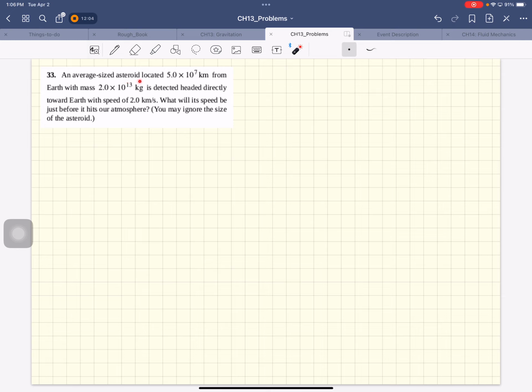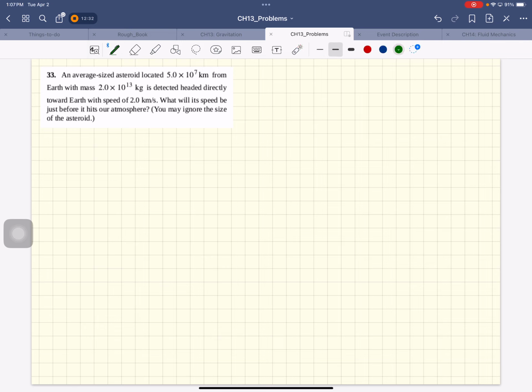An average-sized asteroid located 5 times 10 to the 7 kilometers from the Earth, with a mass of 2 times 10 to the 13 kg, is detected headed directly toward Earth with a speed of 2 kilometers per second. What will its speed be just before it hits our atmosphere? You may ignore the size of the asteroid.